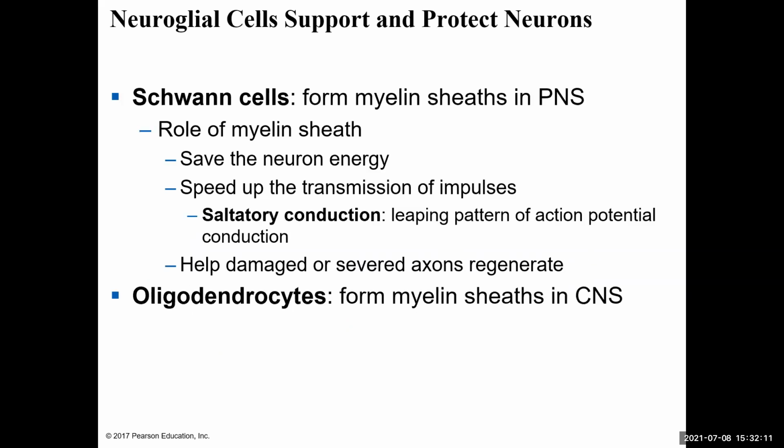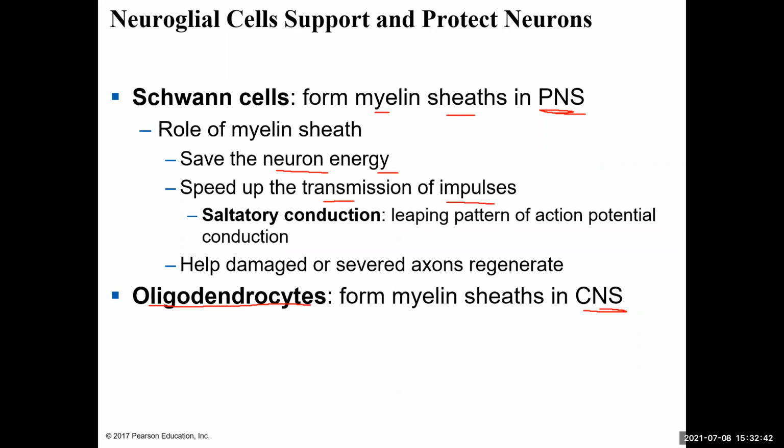For example, the Schwann cells form the myelin sheaths in the peripheral nervous system, and the oligodendrocytes form the myelin sheaths in the central nervous system. So Schwann cells is the PNS, oligodendrocytes is the CNS. Now, the role of the myelin sheath: one, it helps to save the neuron energy. Two, it speeds up the transmission of the impulses.